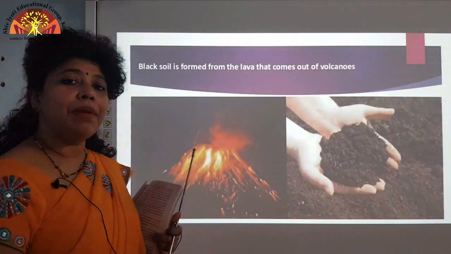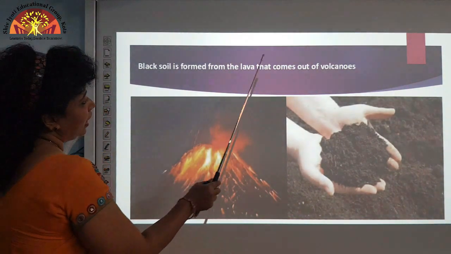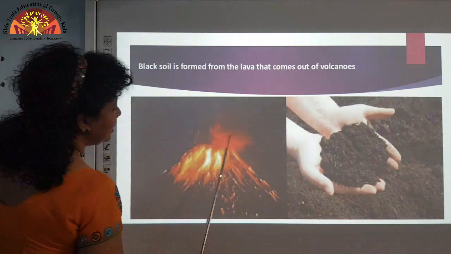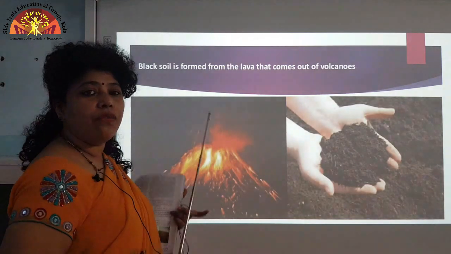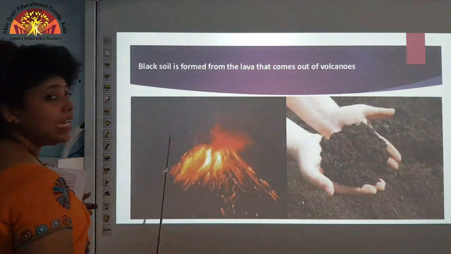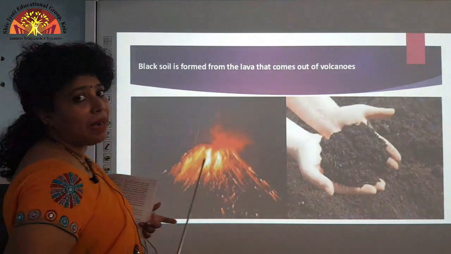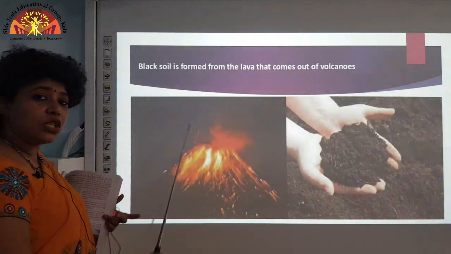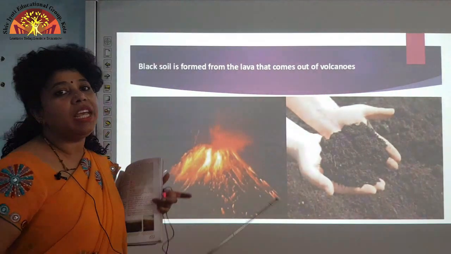And how is black soil formed? Black soil is formed from the lava that comes out of volcanoes. What you see here is the red colored lava. Lava is the very hot liquid that erupts during a volcano. It is formed when this very hot lava cools down slowly and gradually.